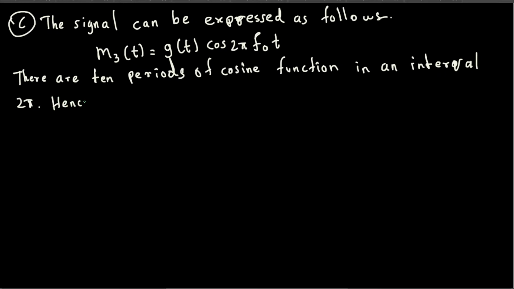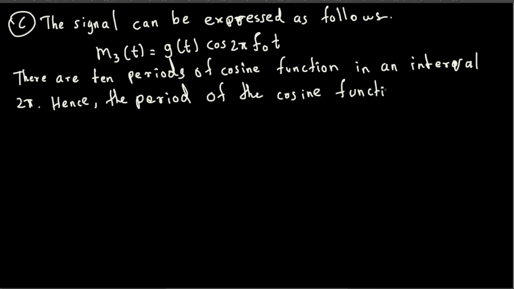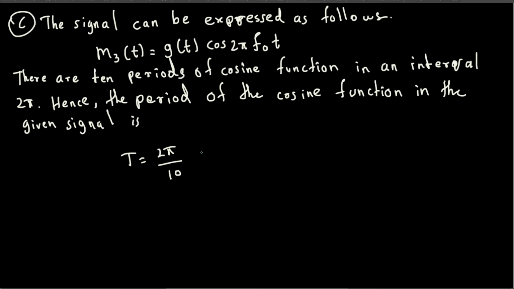Hence, the period of the cosine function in the given signal is T equals 3 divided by 10, that is pi over 5.